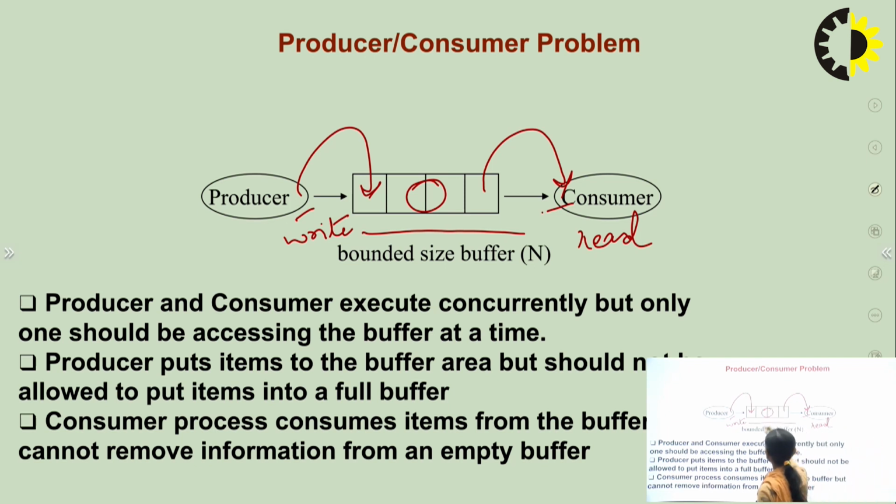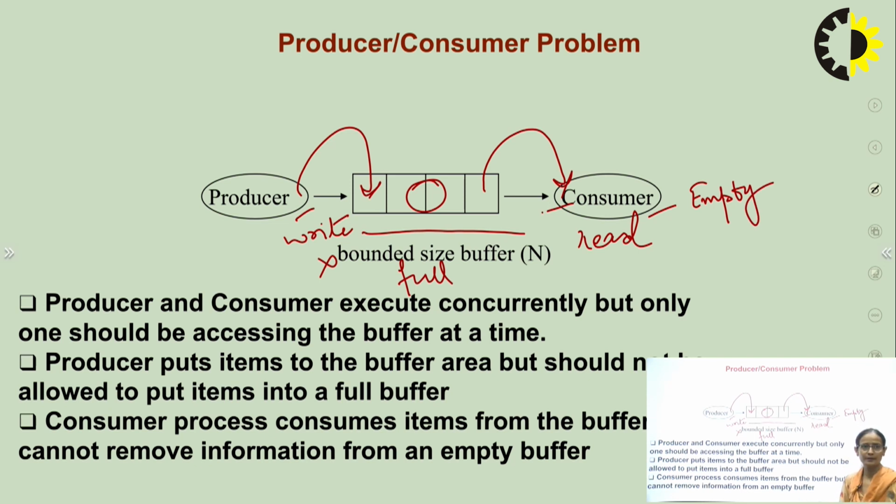That is, if this buffer is full, then the producer cannot perform a write operation on this buffer. Whereas in the case of the consumer, if the buffer is empty, then the consumer is denied reading something from the buffer.